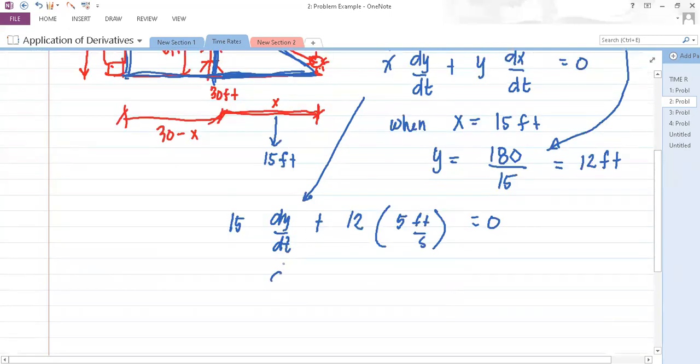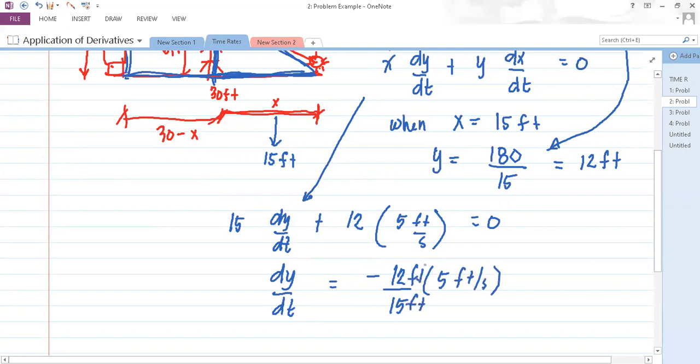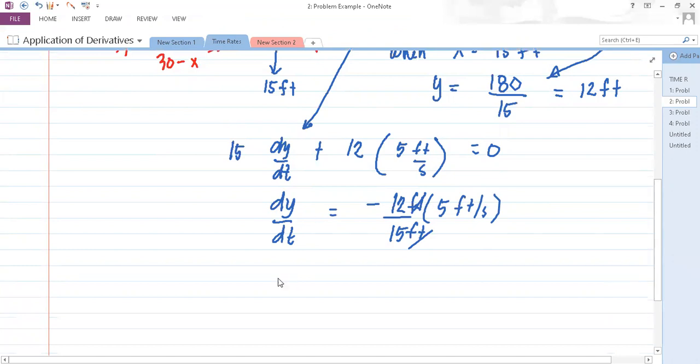So calculating now, our dy/dt is equal to negative 12 over 15 multiplied by 5 feet per second. This is in feet, this is in feet, magka-cancel yun, kaya ang matitirang unit natin is feet per second. Using your calculator, 12 times 5 is 60, divide by 15, makakakuha tayo ng negative 4 feet per second.